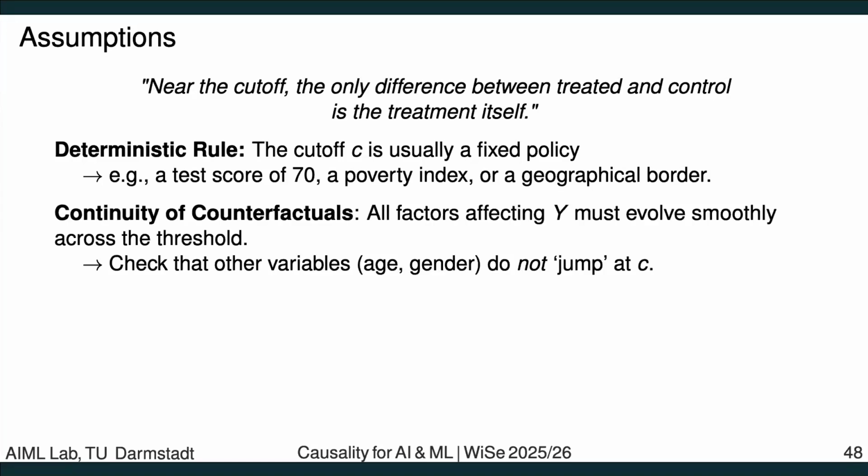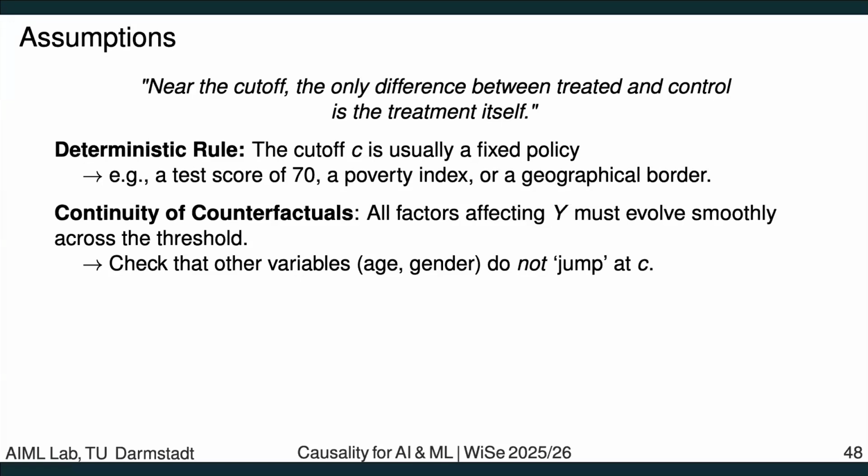And then this thing is the continuity of counterfactuals, basically telling us, okay, at this cutoff C, I assume all the factors to evolve smoothly, right? So I haven't chosen this cutoff at a particular value where maybe other factors jump suddenly.